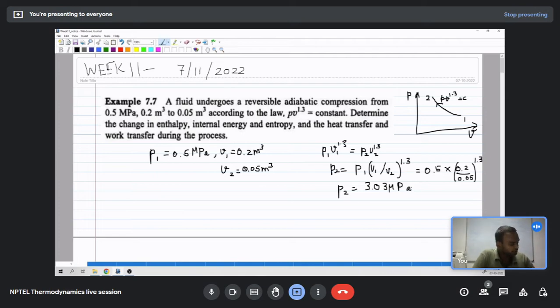Now we can calculate the enthalpy. We need to calculate the change in enthalpy.